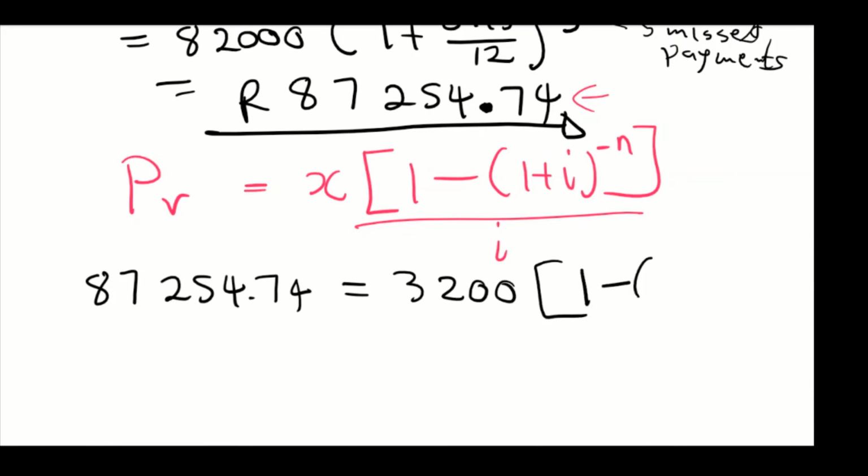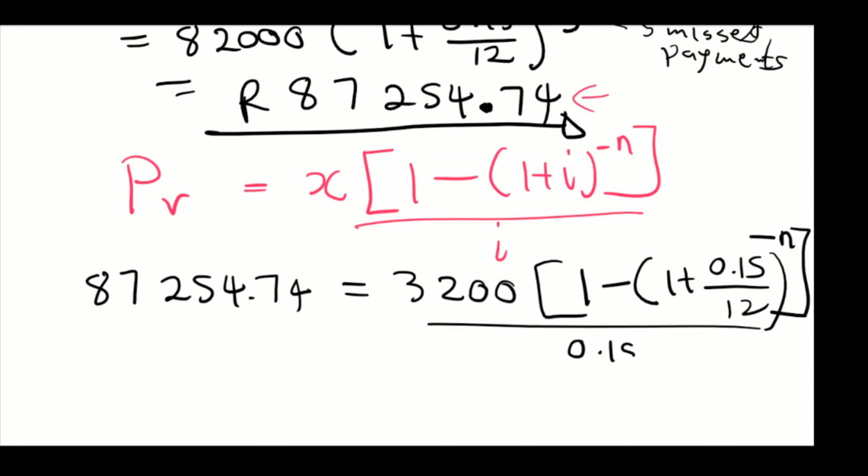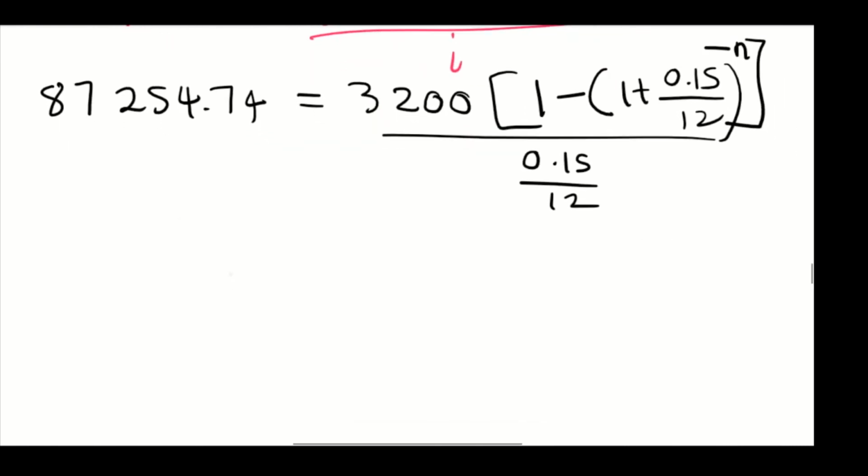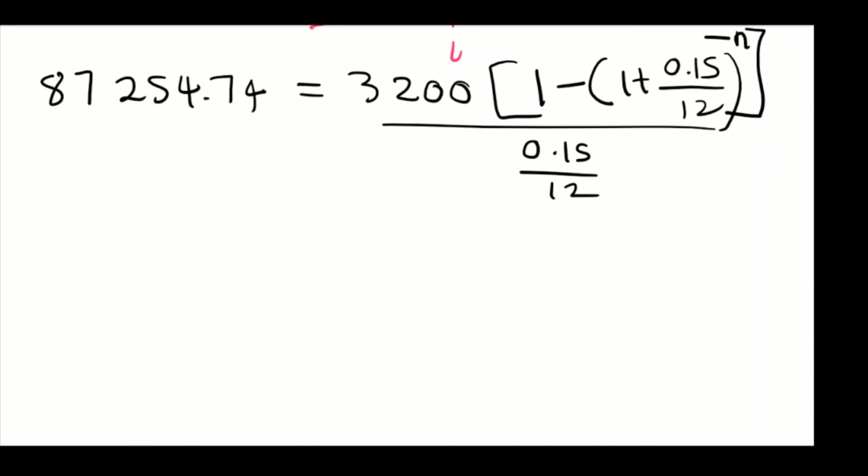So it's 1 minus 1 plus the interest rate, which is 15%, so it's 0.15 divided by 12, and we want to know the number of payments, so it's going to be minus n, right? Close bracket divided by 0.15 over 12. So now we're going to find this n because we want to know how many payments she will make.